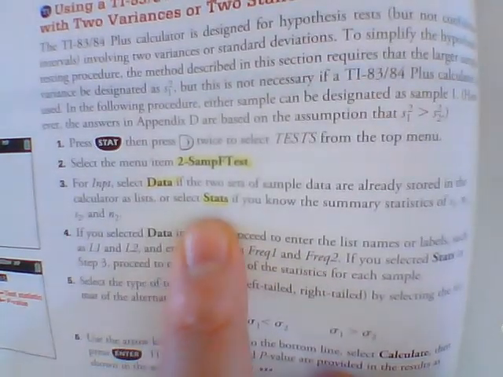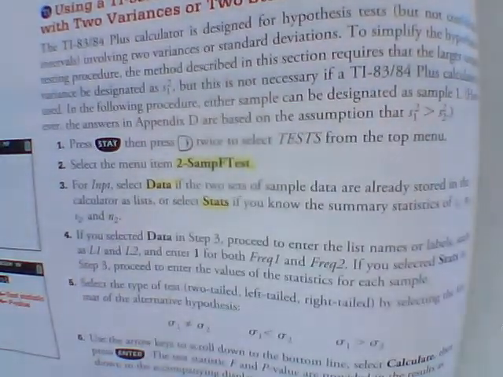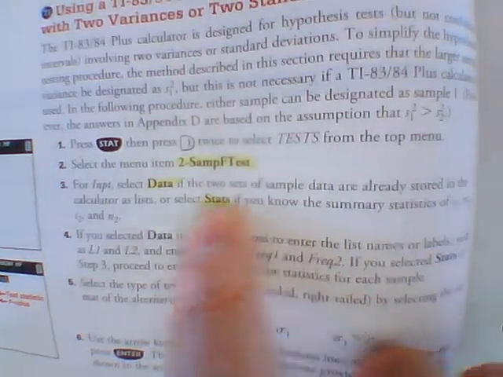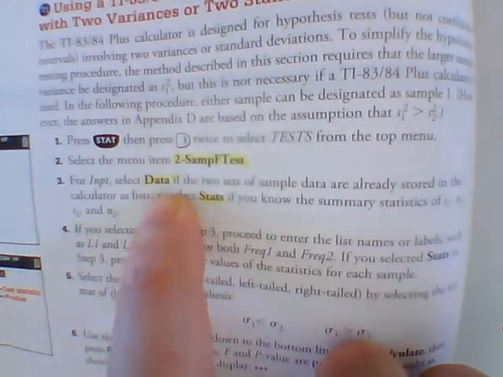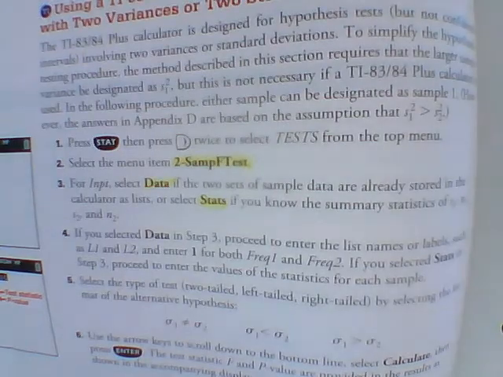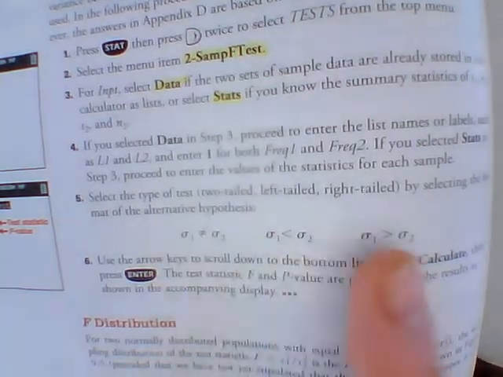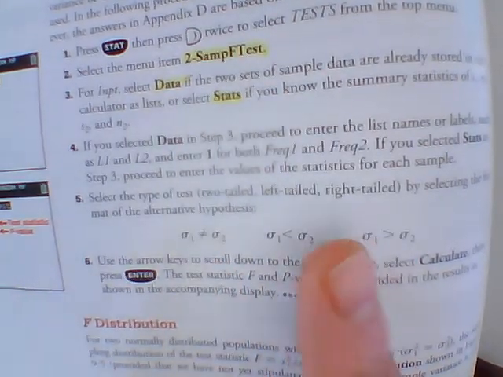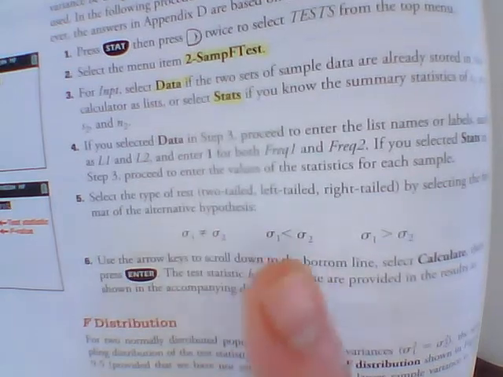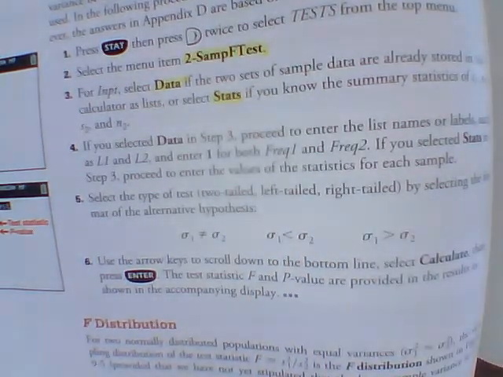Once again, the data or stats option depends upon whether we have the statistics already given to us, or if we just have the lists of information, then we'll be typing them in and bringing them over. And then we'll be testing our null hypothesis as being equal, so the standard deviations equal each other, and then does it not equal, is one less than, is one greater than?